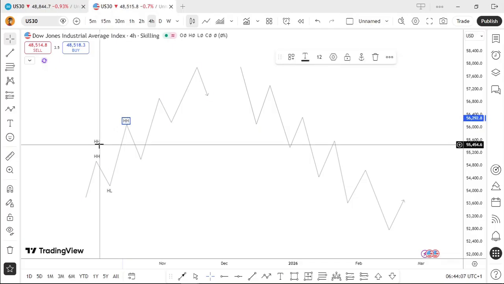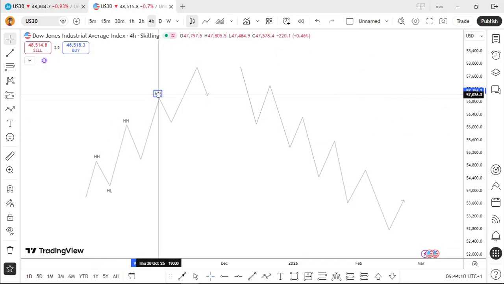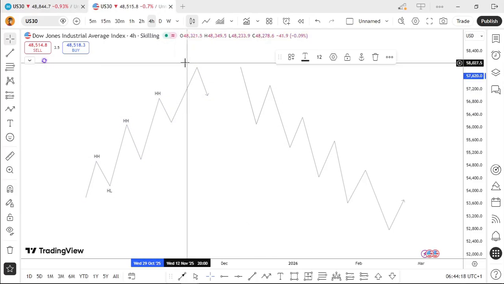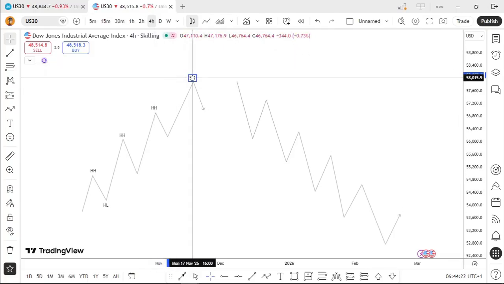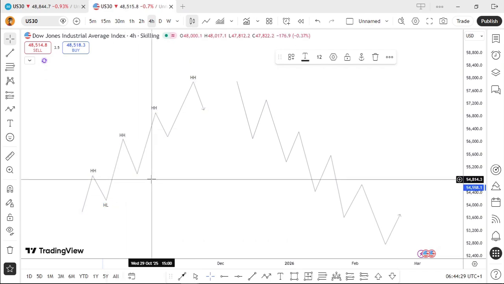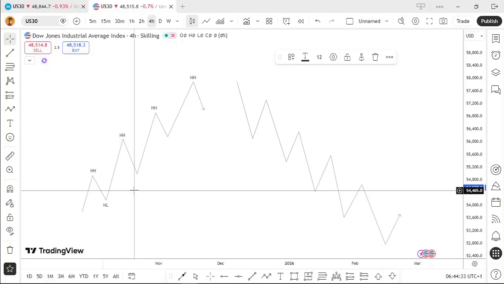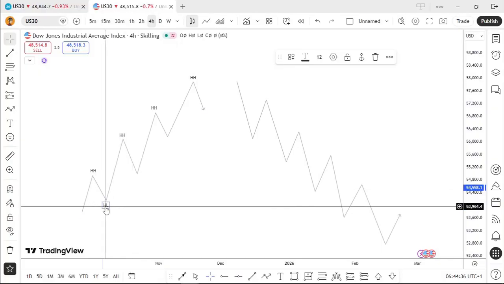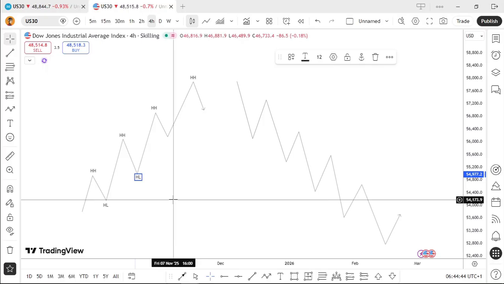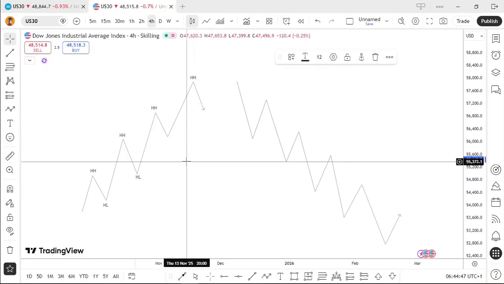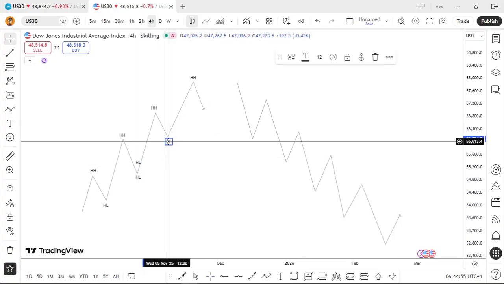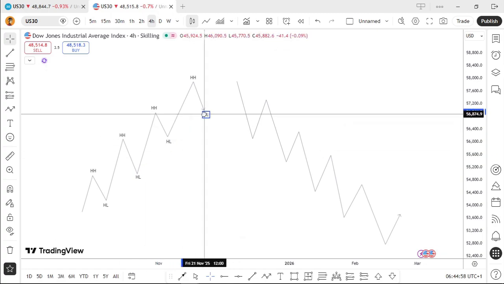Okay, another higher high here, another higher high here, another higher high here, and the lower high, another lower high here, another lower high here, another lower high here.